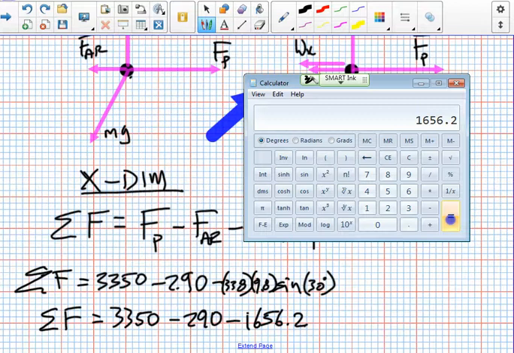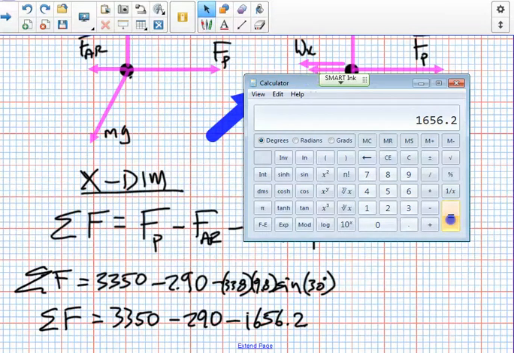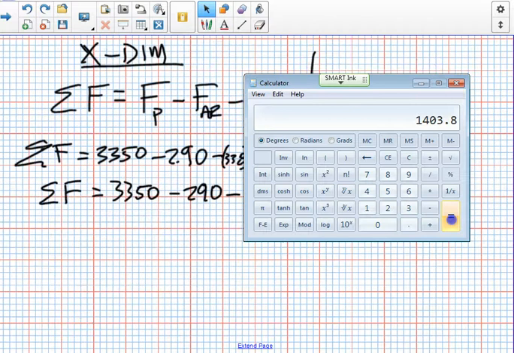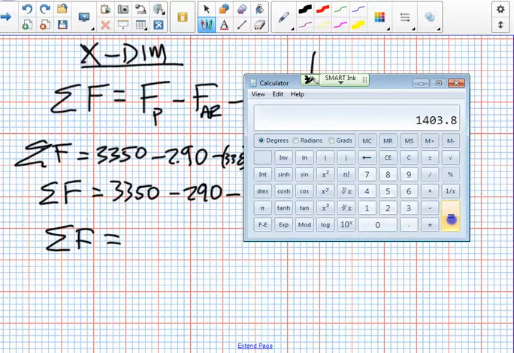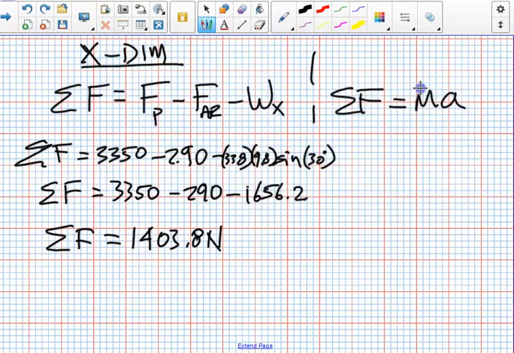So that's going to be negative, minus 290, and then plus 3350. So I'll get a net force along the ramp. Going up the ramp, because that's positive. We said that to the right is going to be positive, up the ramp will be positive, so that's 1403.8 newtons.